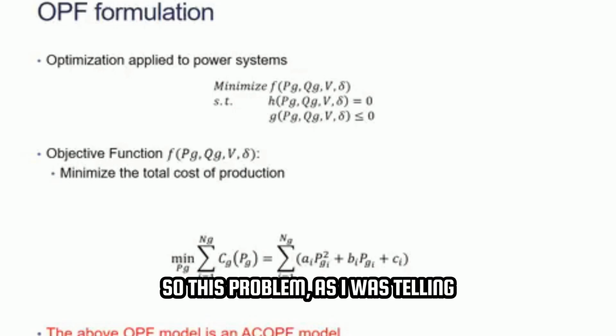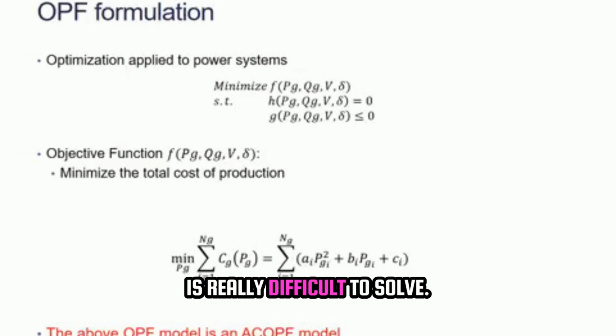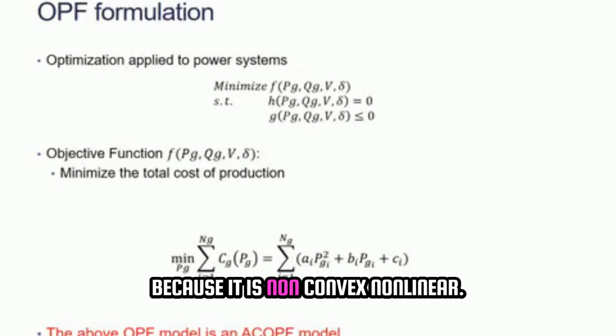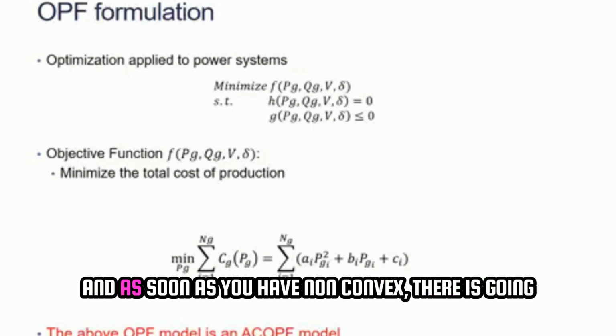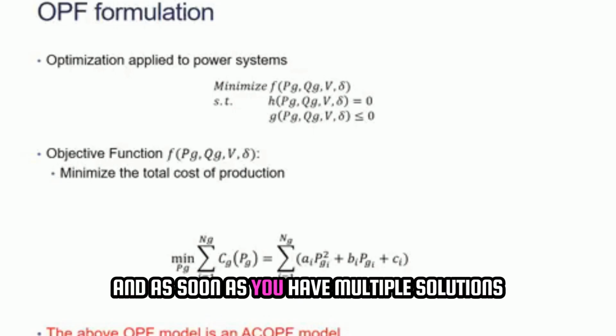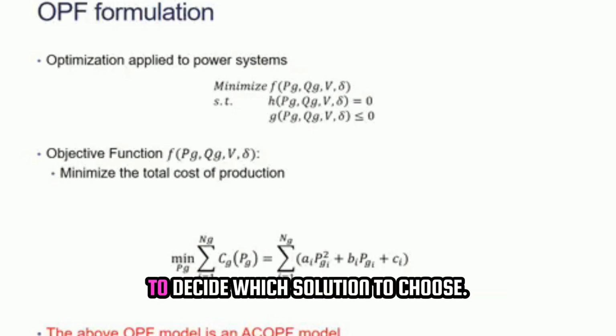So this problem, as I was telling in the last class, is really difficult to solve. Why? Because it is non-convex and non-linear, and as soon as you have non-convexity, there are going to be multiple solutions for this problem, and then it becomes really difficult to decide which solution to choose.